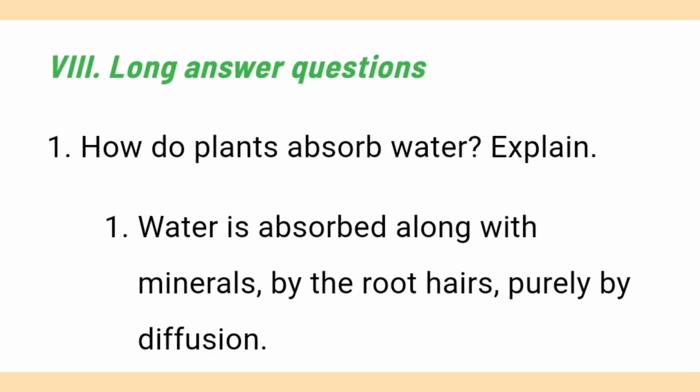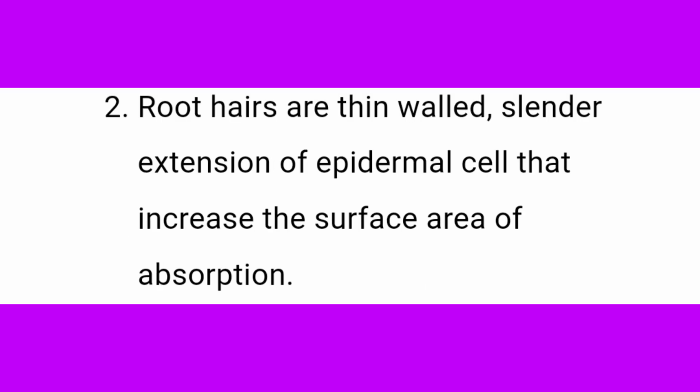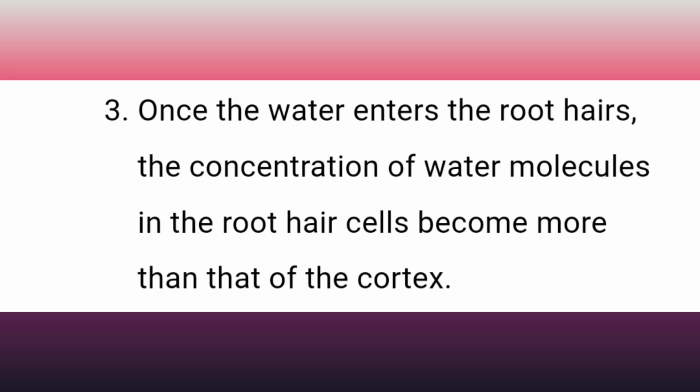8th Roman letter, long answer questions. First question, how do plants absorb water? Explain. Answer, first point, the water is absorbed along with the minerals by the root hairs purely by diffusion. Second point, root hairs are thin-walled, slender extensions of epidermal cells that increase the surface area of absorption.